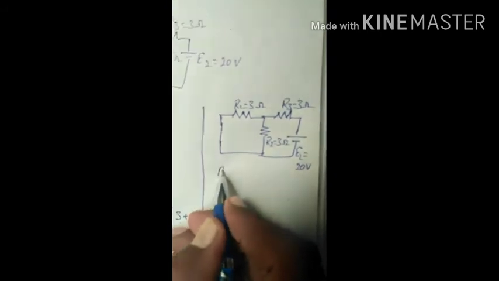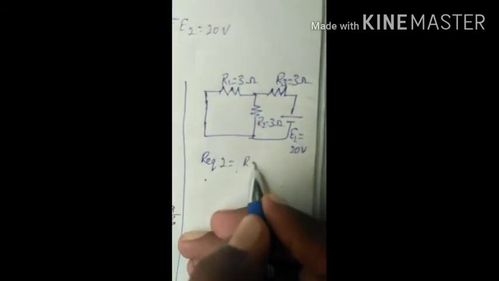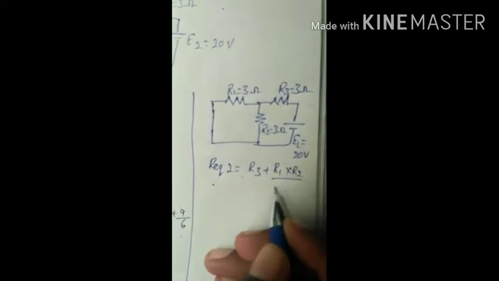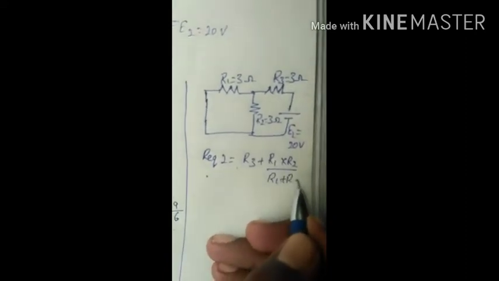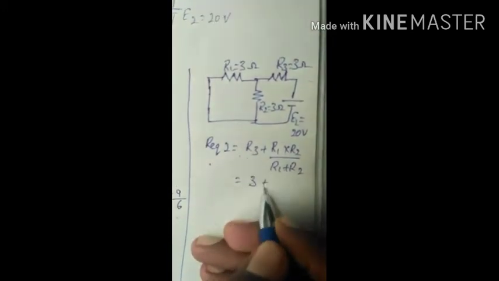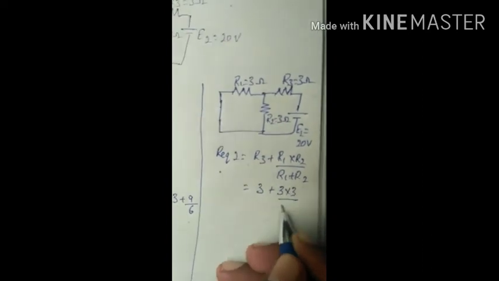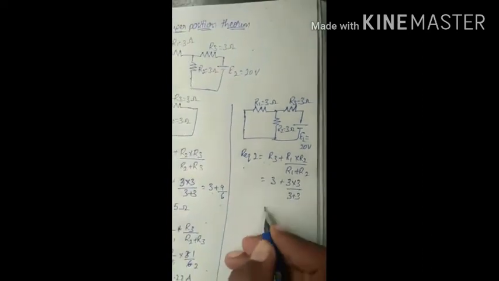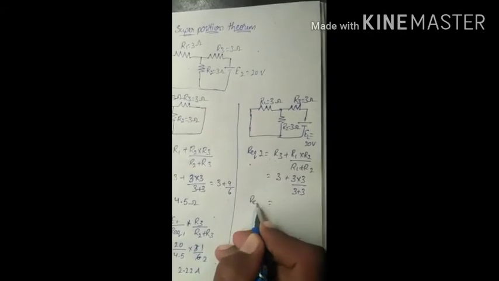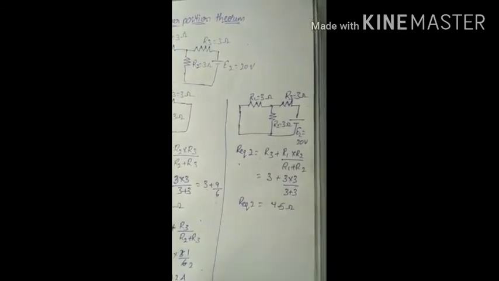By doing this, we get R equivalent 2. R equivalent 2 is equal to R3 plus R1 into R2 divided by R1 plus R2. R3 is 3 ohms, R1 is 3, and R2 is 3, so 3 plus 3, and again we get R equivalent 2 is 4.5 ohms.